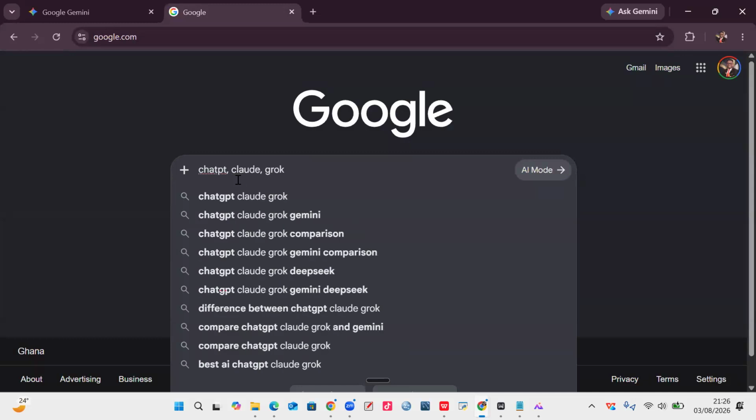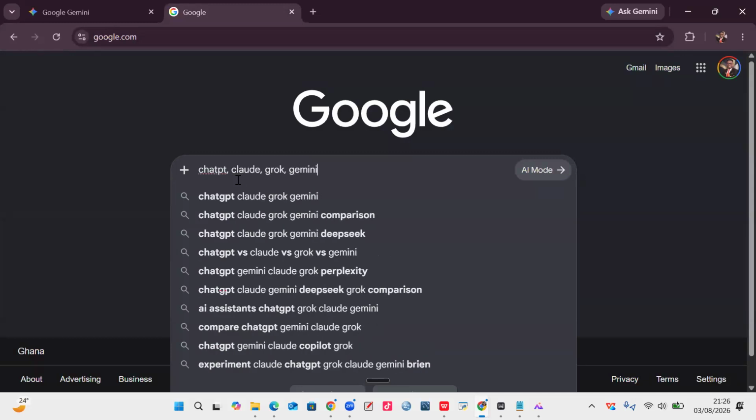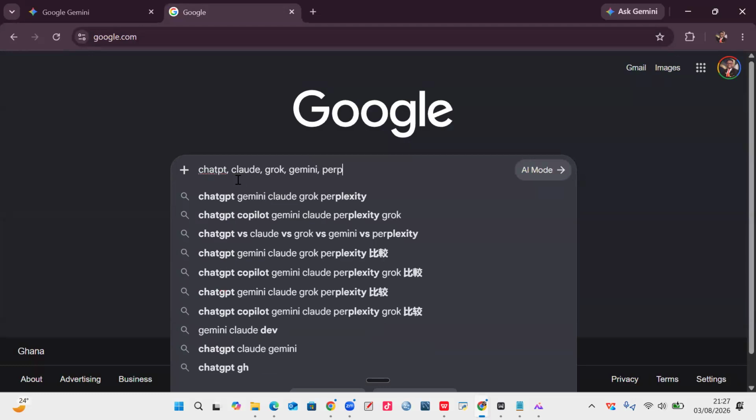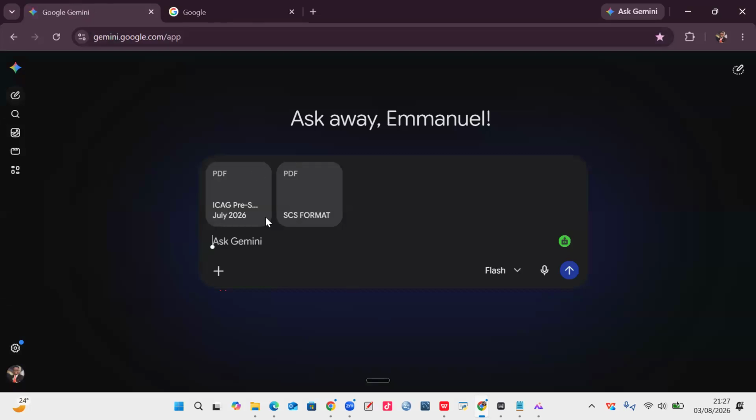We have Grok, which is Elon Musk's. Gemini is for Google, right? We have Perplexity, which I use when I'm preparing projects or dissertation or thesis for the masters. So you can use any of them. So I've uploaded a pre-seen and the format.